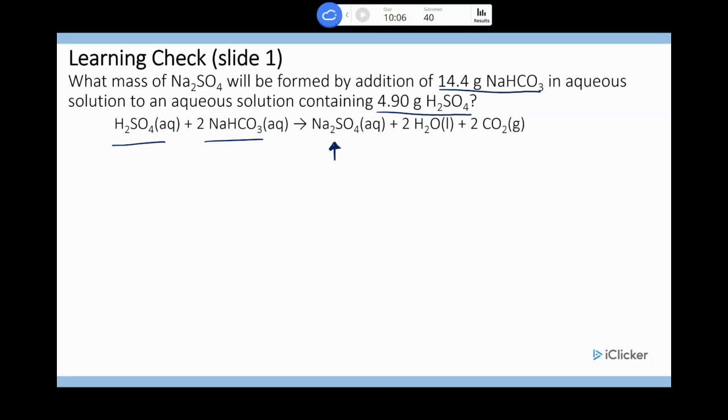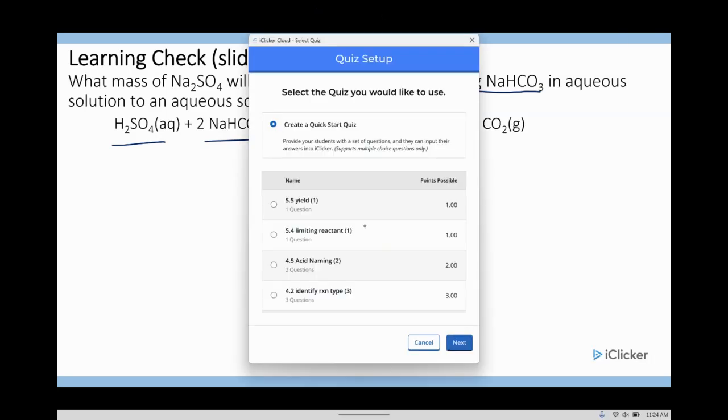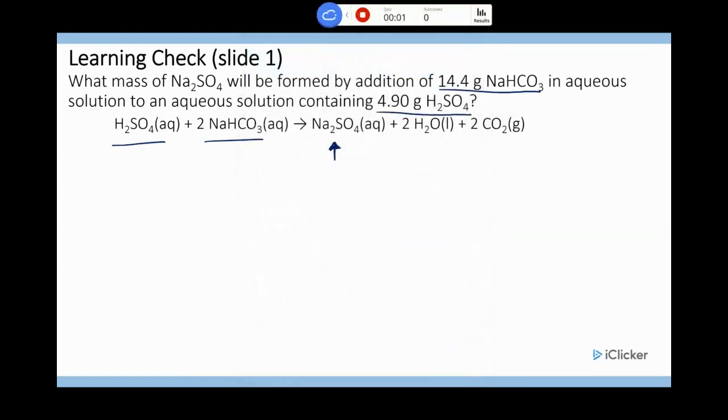Once you determine your limiting reactant, you're halfway done with your second calculation, or more than halfway done. So anyways, the iClicker question is just determining which reactant is limiting. So I'll get this started, work on that, and then continue working on the question to determine the mass of sodium sulfate produced.